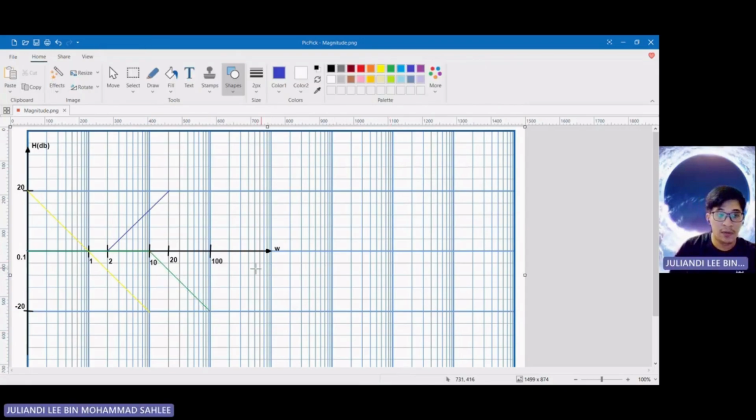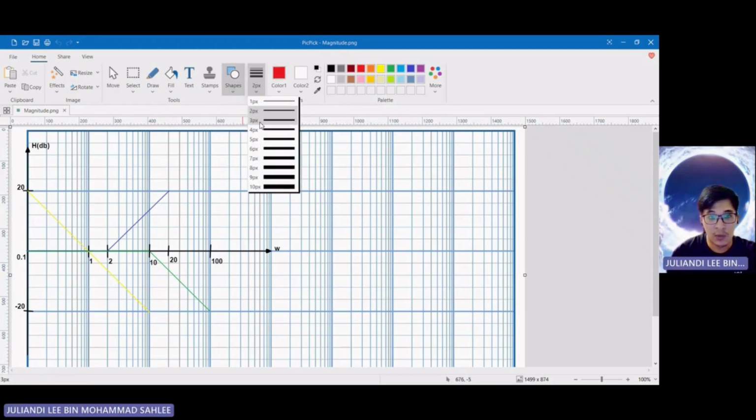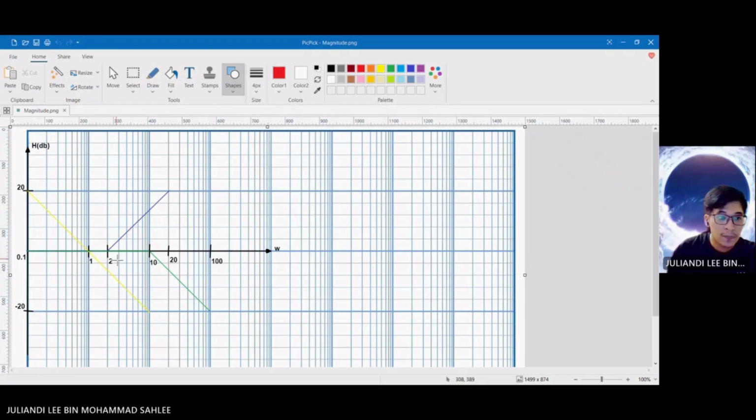So this is the individual graph for each magnitude. Now we will get the final answer, which is the resultant of each graph. For that, I will use the red line, and I use a thicker one. From 0.1 to 1, it's just decreasing until it reaches 2.